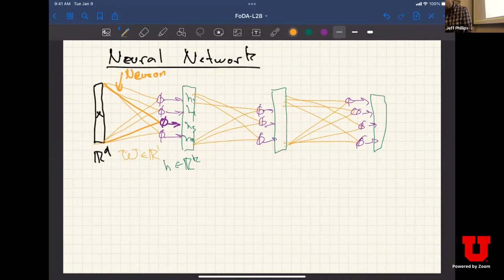K by D. Okay, so we're going to think of this as a matrix that is going to be W1, W2, W3 up to WK.